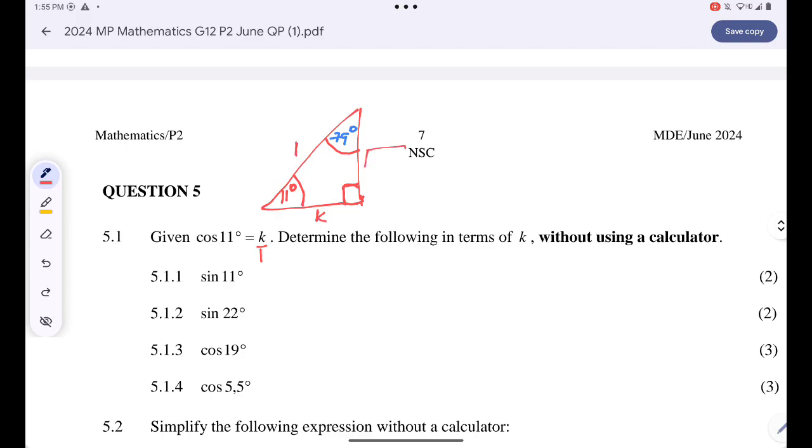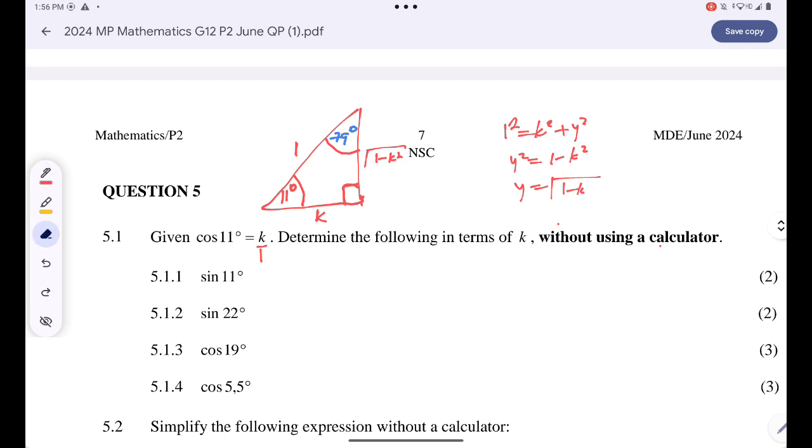According to the Pythagorean theorem, guys, you'll find that the opposite side will simply be the square root of 1 minus k squared. You'll simply say 1 squared is equal to k squared plus the opposite side squared. Therefore y squared, which is the opposite, is equal to 1 minus k squared, and then y is the square root of 1 minus k squared.